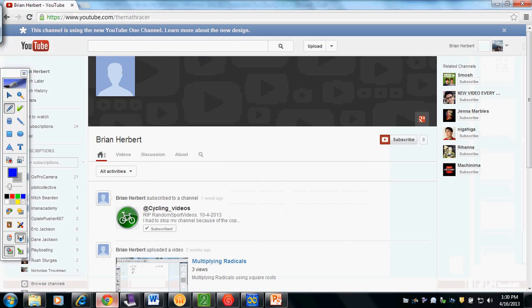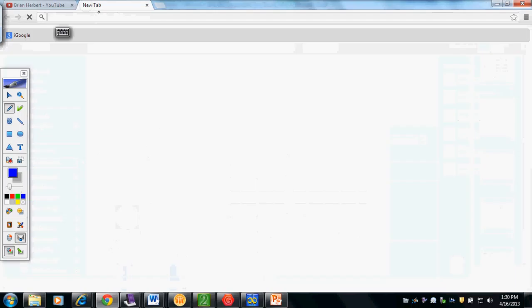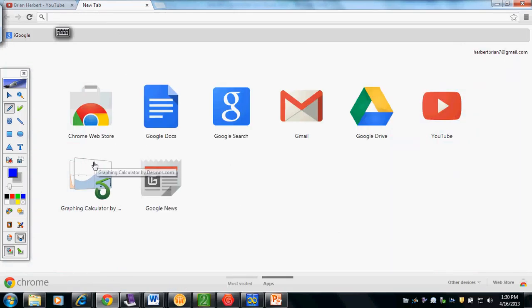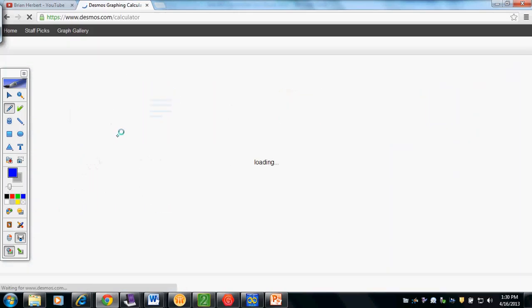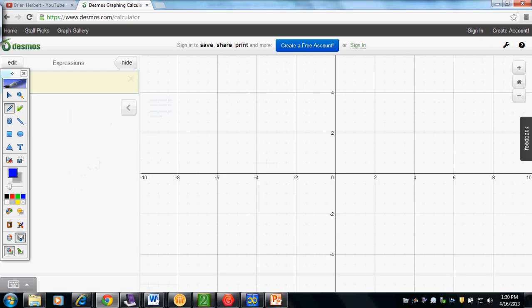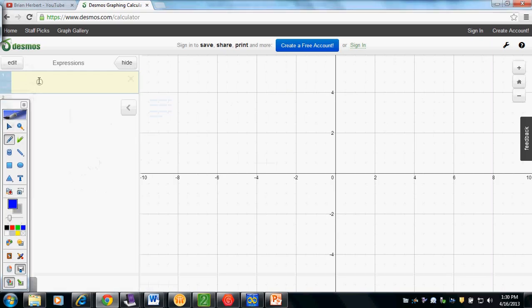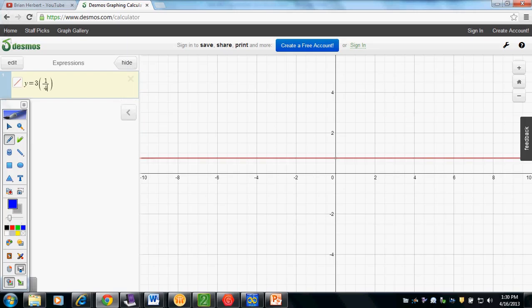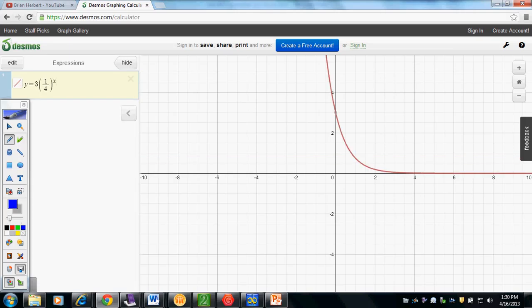Okay. Now, one thing that we can look at here is if I have that function that we just looked at, we have y equals 3 times 1/4 raised to the x. Okay, and again, that's the graph that we saw.